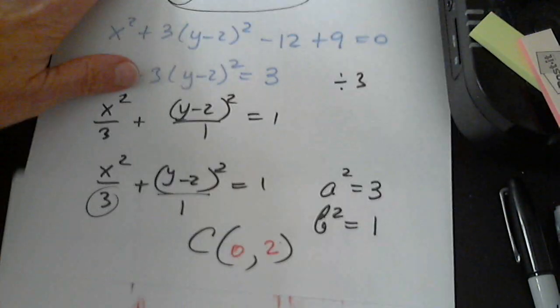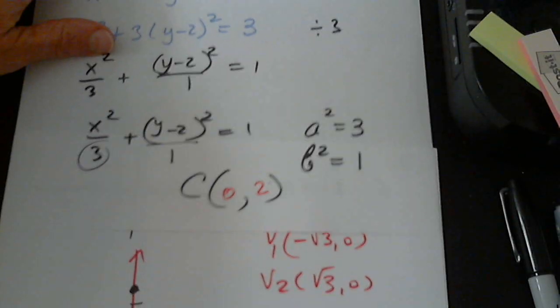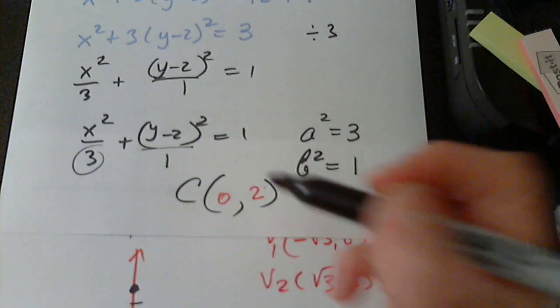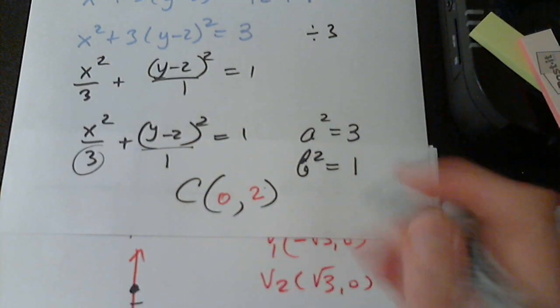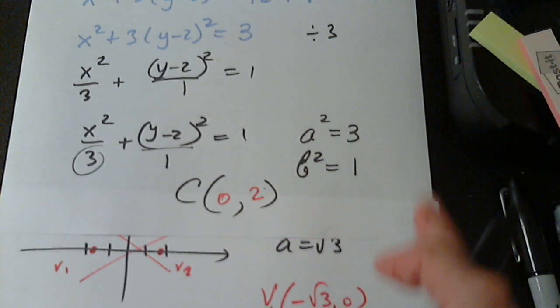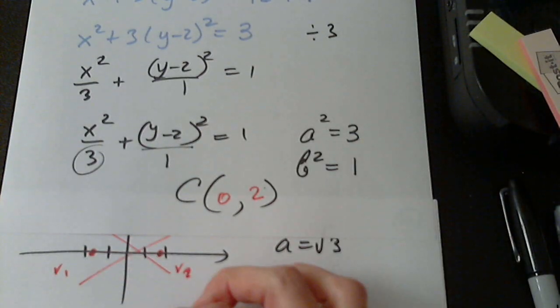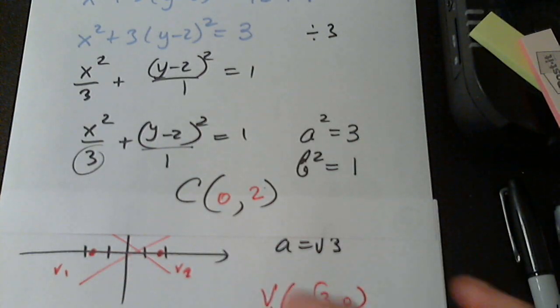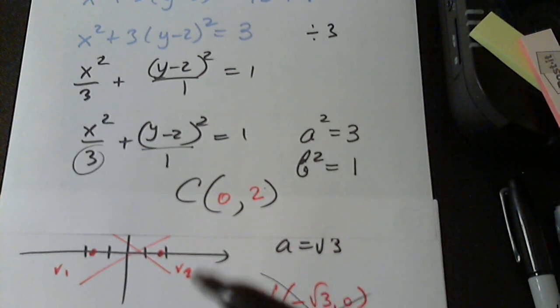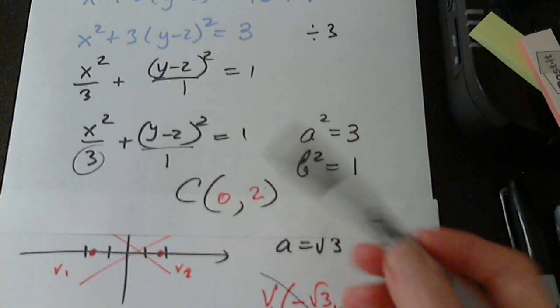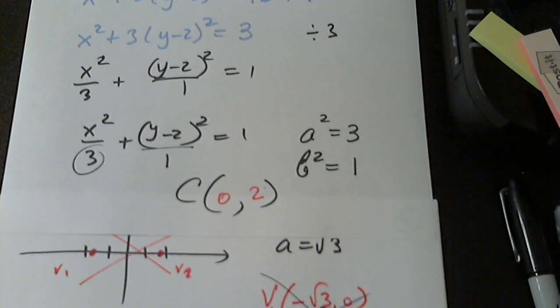So we have to start with the center. I just rushed to graph it. So 0, 2 is the center. Now, we have that this is a horizontal axis, and we want to find the vertices. So indeed, from the center, the square root of 3, so this is correct, but the y-coordinate isn't, because the y-coordinate has to be 2.